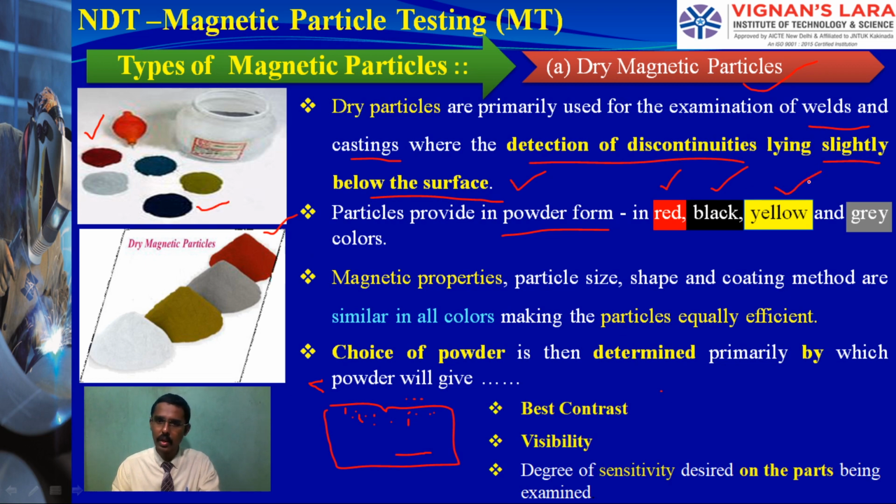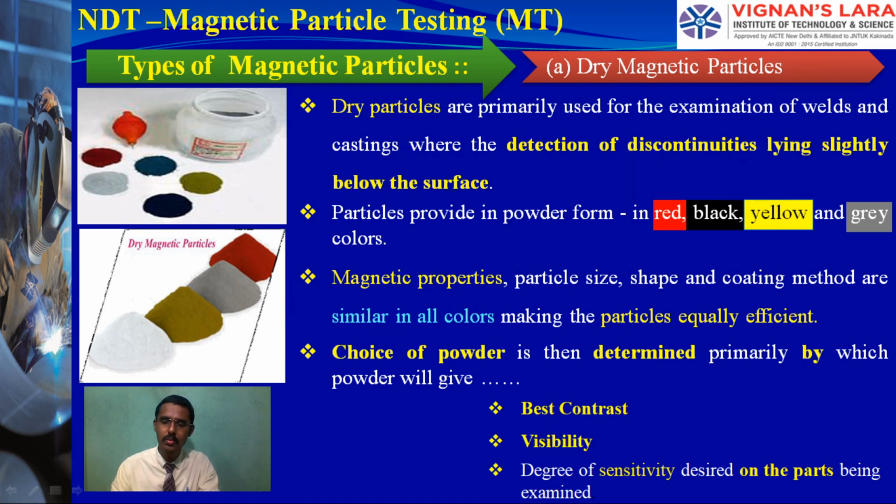Maybe in yellow, light yellow colors. Maybe in gray colors. In any color, it should be contrast. That is our idea. It should be in contrast mode. Other than that, anything is okay for us. So it may be red, black, yellow, or green. Some should be dry and should contrast to the surface.